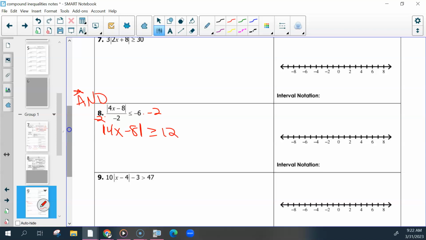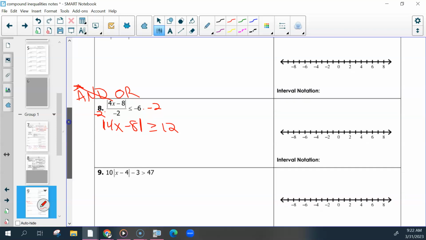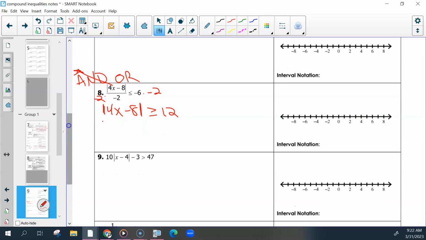So now it is a greater than, which has now changed to an or. The absolute value is now isolated, so we can make our two cases. 4x minus 8 is greater than or equal to 12. Is it the same? The other one, the inside the same, 4x minus 8, is now less than or equal to negative 12.